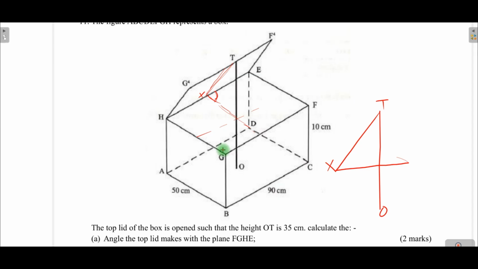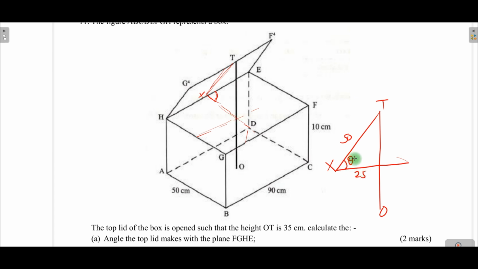If we close this lid, HG is equal to AB, so this is 50. And then we have also a half of this up to the center. If you draw the diagonal, that is at the center, and therefore this distance up to here will be 25.